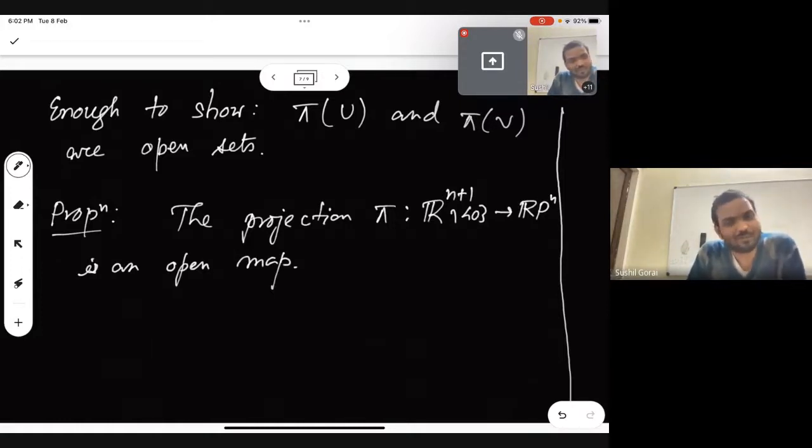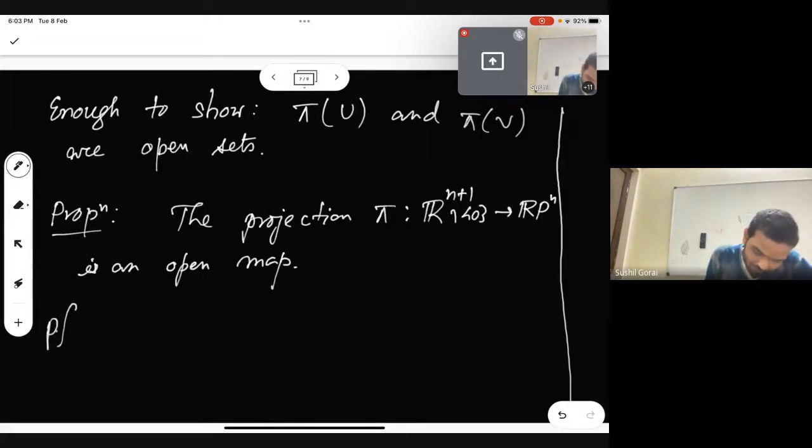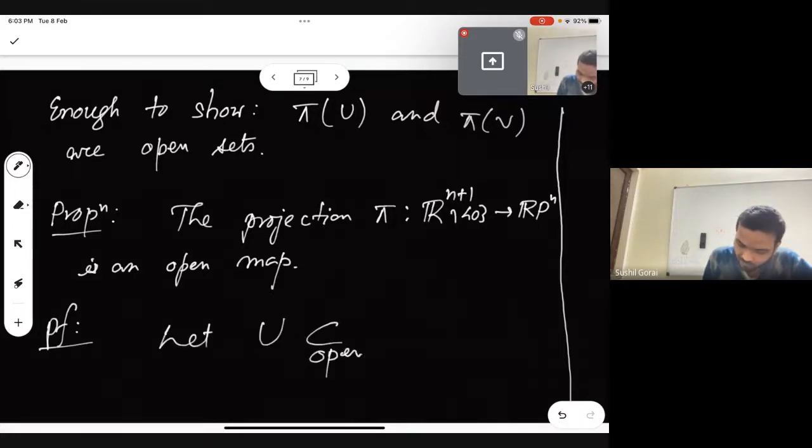Right? This is an open map. So here is the proof. Let U be open in Rn plus 1 minus origin.